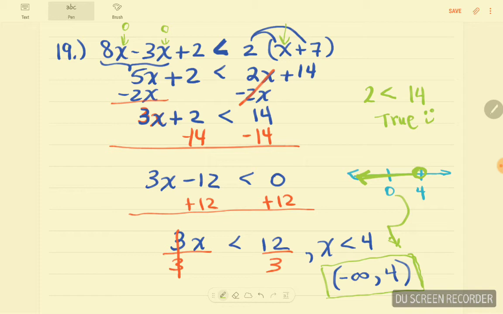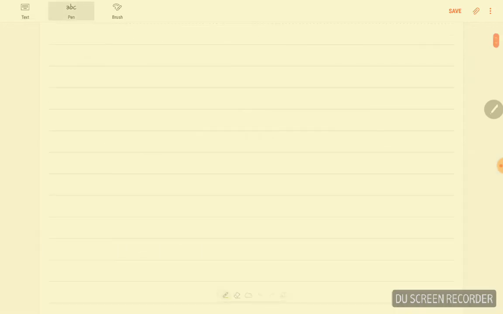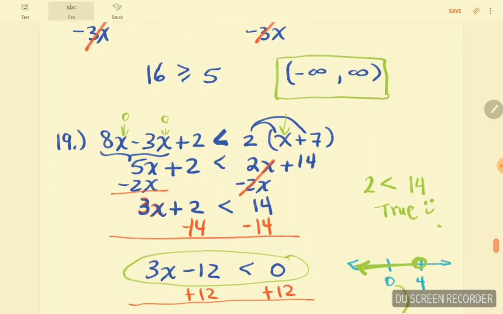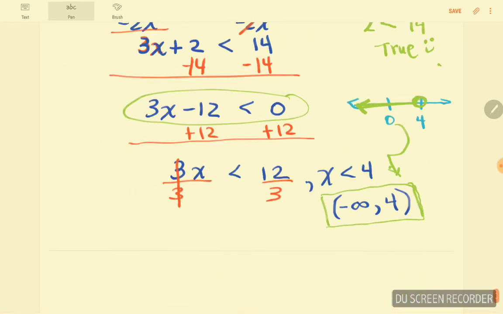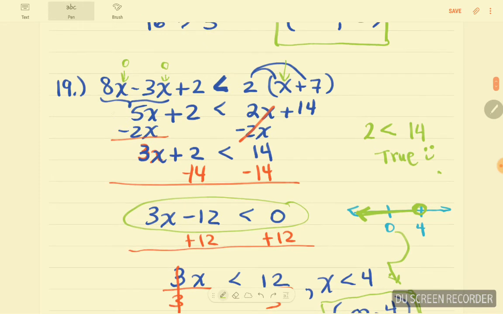There's something else I want to talk about here. Going back to the reason why I set this equal to 0, which in effect caused me to have extra work. What I want to point out is that, yes, I could have come from this step.